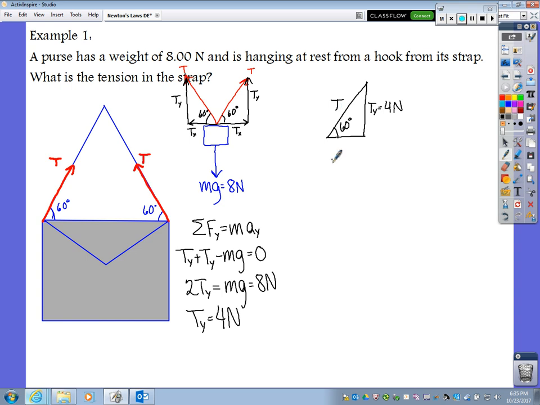So I'm going to say sine of 60 degrees equals Ty over T. So T equals Ty over sine 60 degrees. And that equals, let me find my calculator, 4 divided by sine 60, let's make sure we're in degrees mode, 4.62.